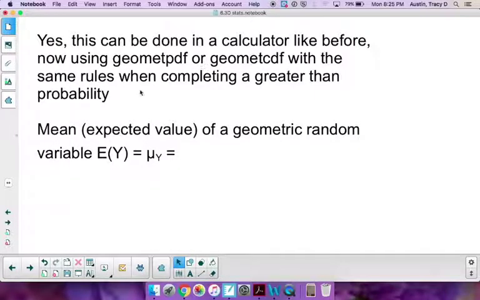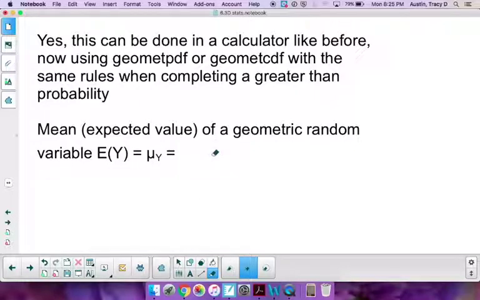The only thing that's different is how we find the mean of a geometric. Now, the mean of a binomial, remember, is your number of trials times your probability, np, right? And then the standard deviation was the square root of n times p times 1 minus p, okay? Well, remember, we don't have n anymore. We don't have a set number of trials.